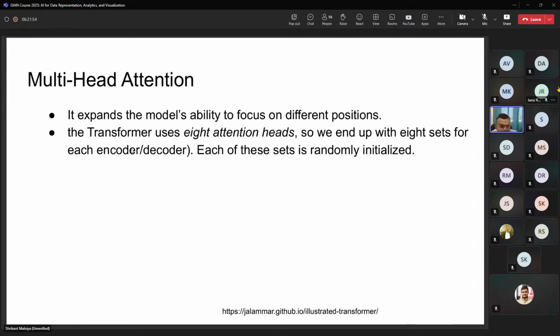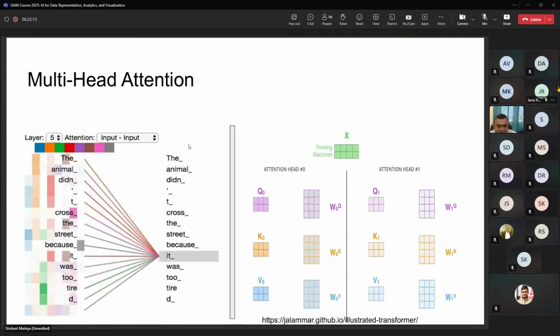For this example, suppose there are eight attention heads. So eight query vectors will be there for each word to process the dependencies or attention with all other words in the sequence. That's how attention is defined, and with this concept we'll get different heads.